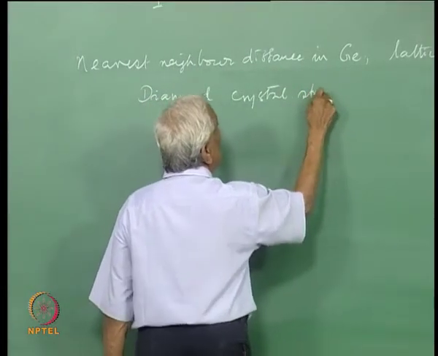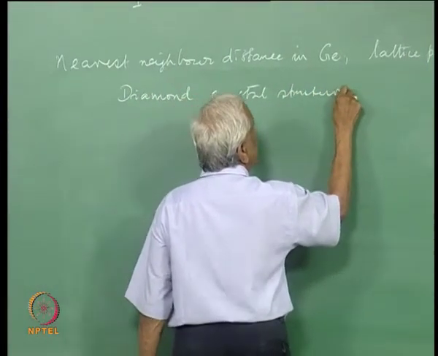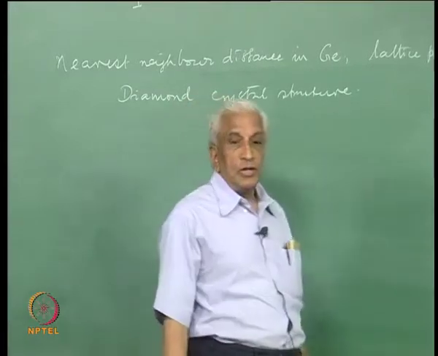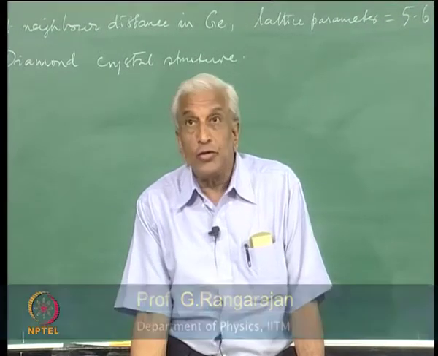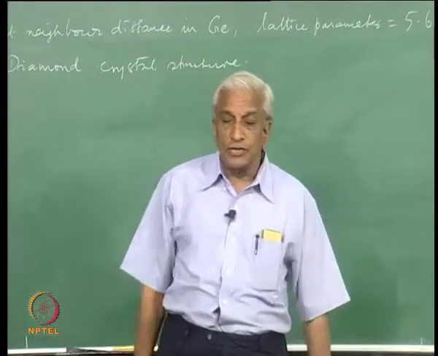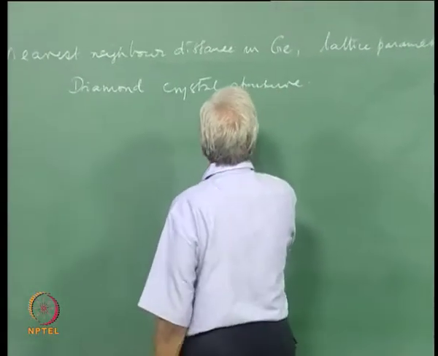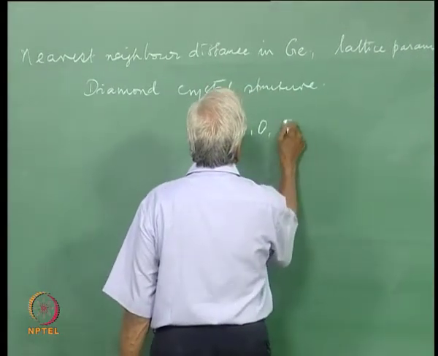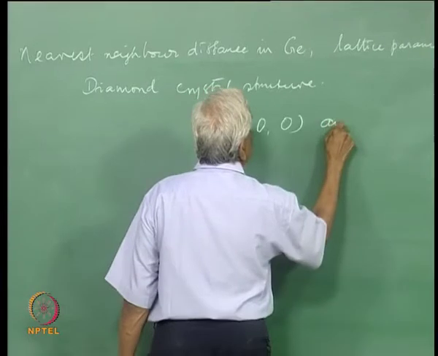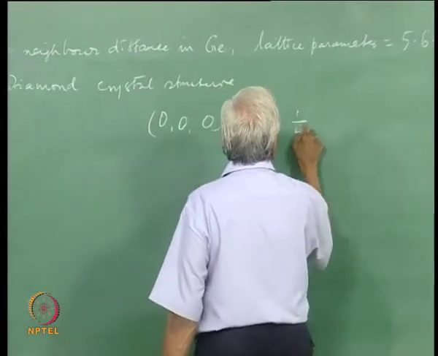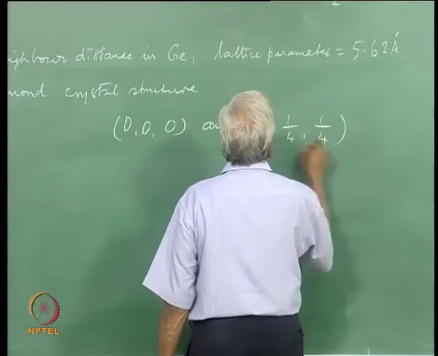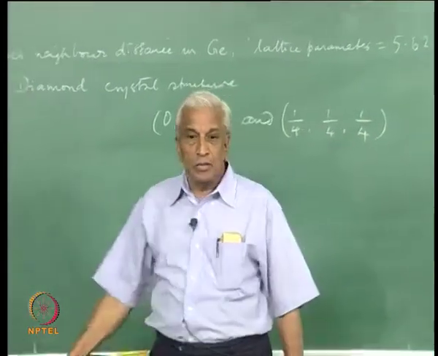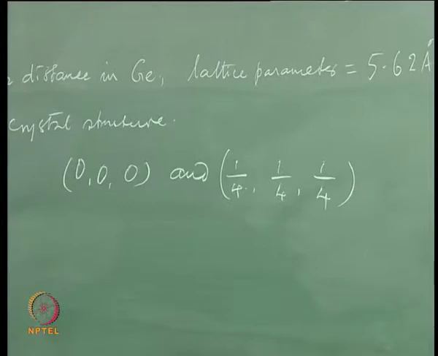With the atoms at the origin, at one vertex of the cube, 0 0 0, and then at a distance of 1/4 1/4 1/4 along the body diagonal. Atoms are at these points. This is the basic unit.